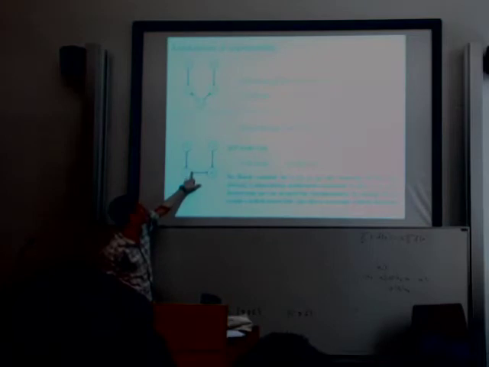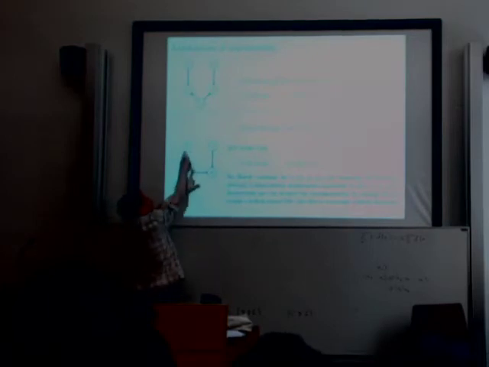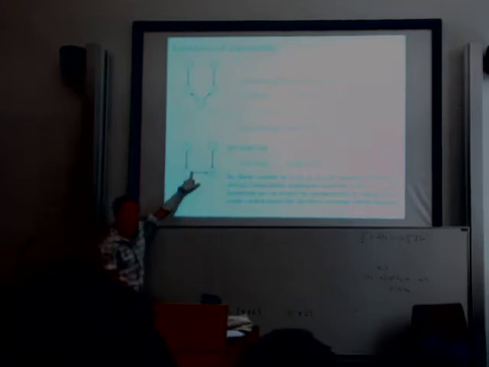So summing over Y1, because it's not a collider, will connect all these variables, this path here, and we won't get independence.